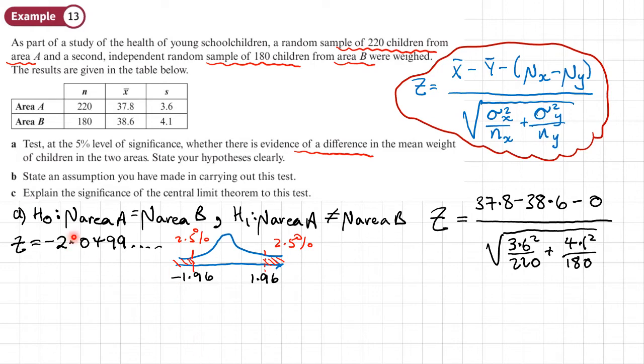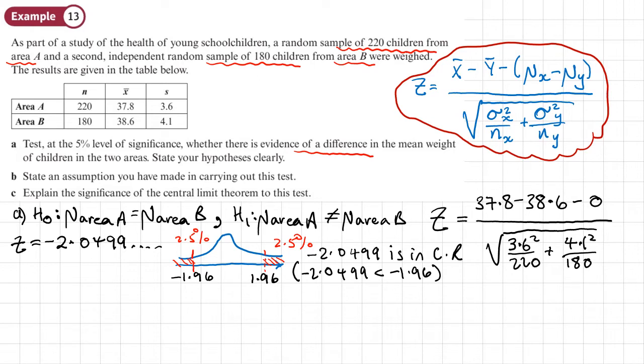So that means that my value of Z is not in the critical region, because minus 0.20499 is not less than negative 1.96.